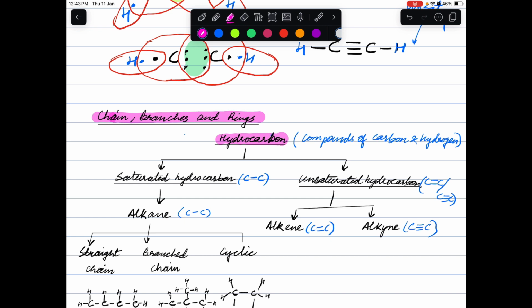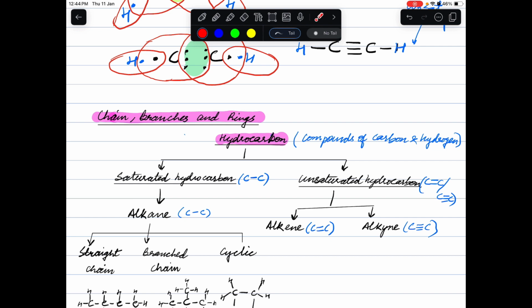What do you mean by hydrocarbon? Carbon and its compounds are also named hydrocarbons. Why? Because the main elements present here are carbon and hydrogen. So hydrocarbons are basically compounds of carbon and hydrogen, which are carbon compounds. So carbon compounds can be called organic compounds, and they can be commonly called hydrocarbons.